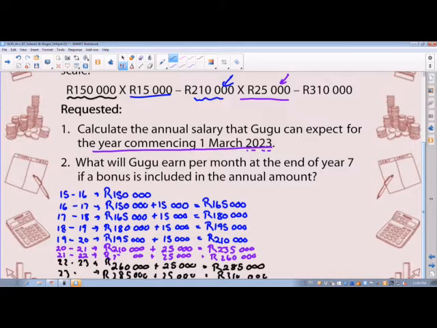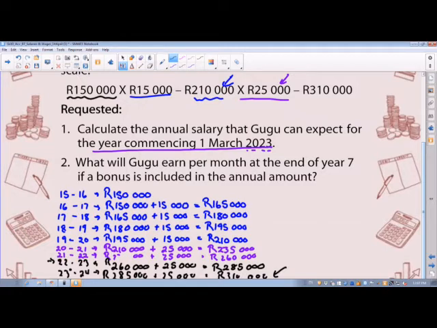That will be your actual answer, because we need to start the year in 23 up to 24. So you can't stop here, guys. You need to continue a bit, because the year commencing, starting 2023. So your answer will be 310,000.